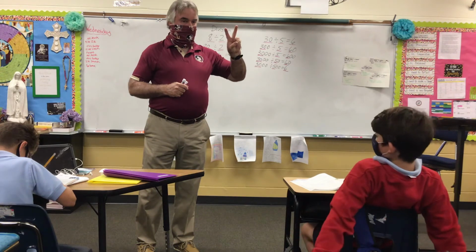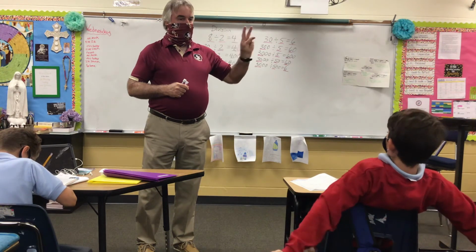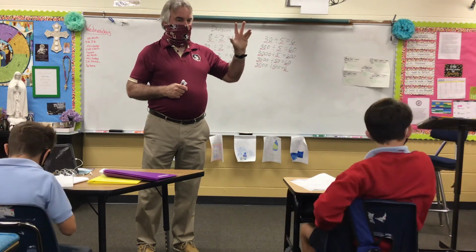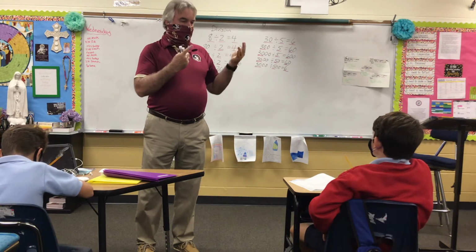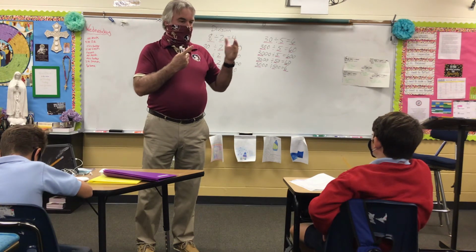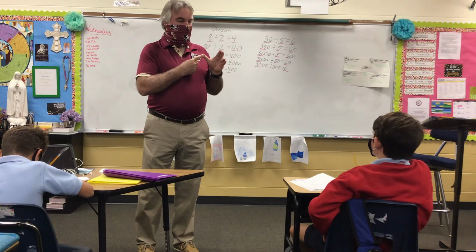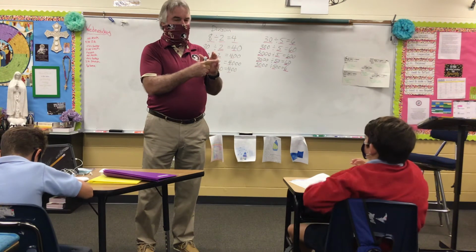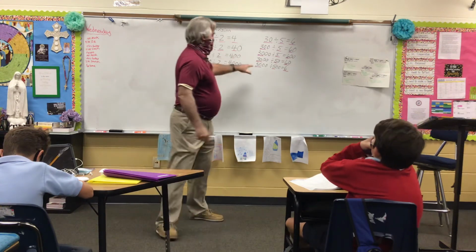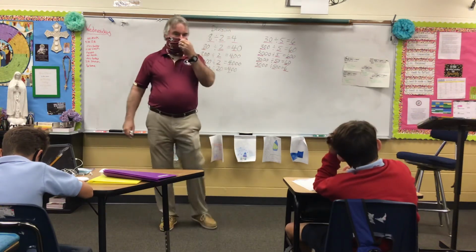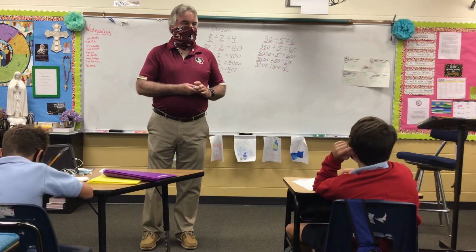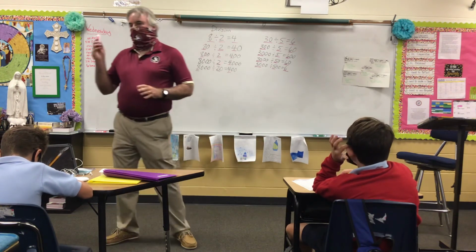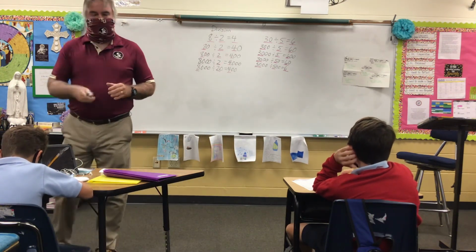That's 2 of the 500s. 500 and 500 is another 1,000, so now you're at 2,000. 500 and 500 is another 1,000, so now you're at 3,000. Doesn't it make sense? 6 500s makes that. That's the one you need to watch out for.